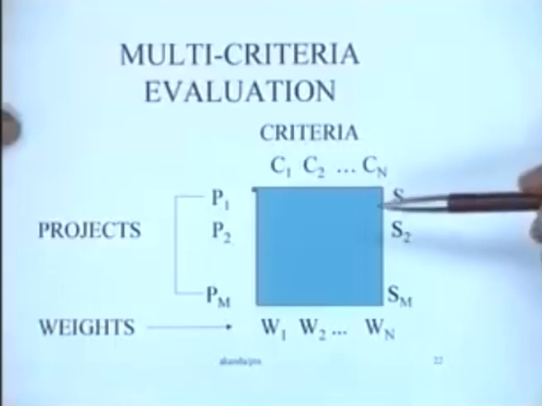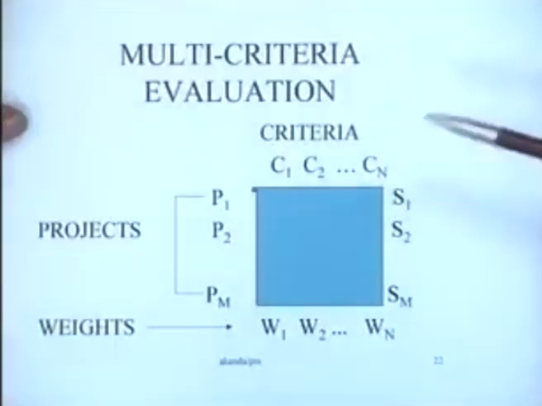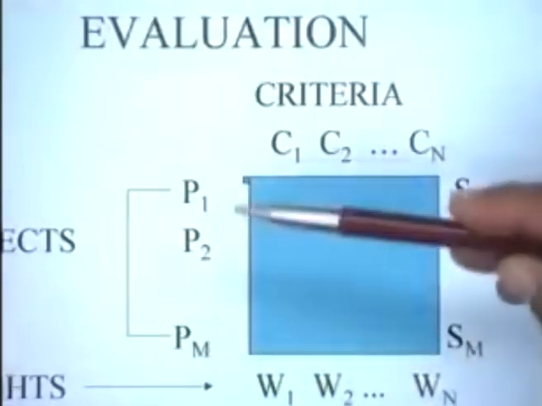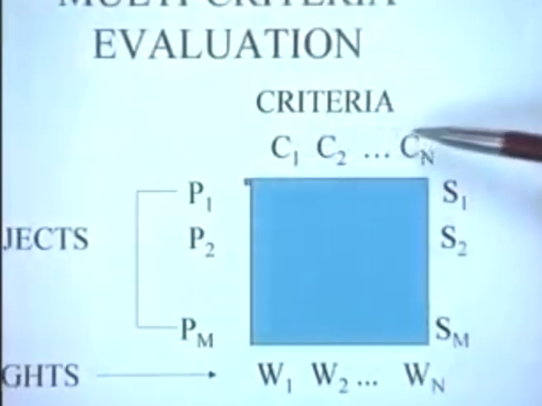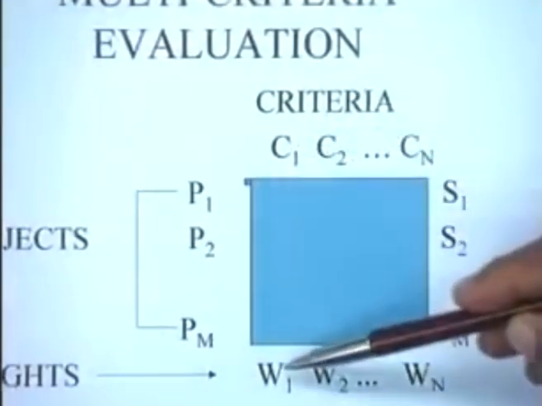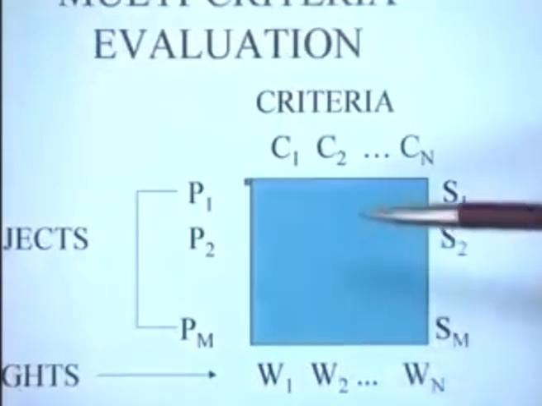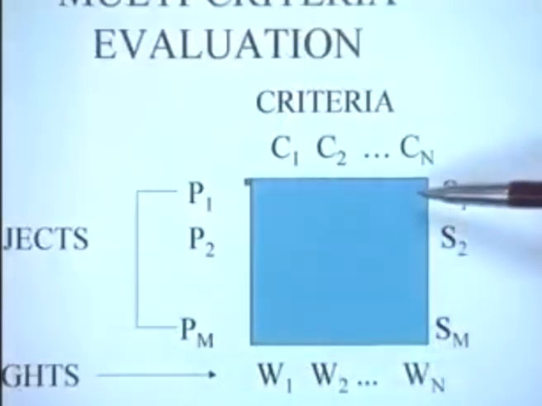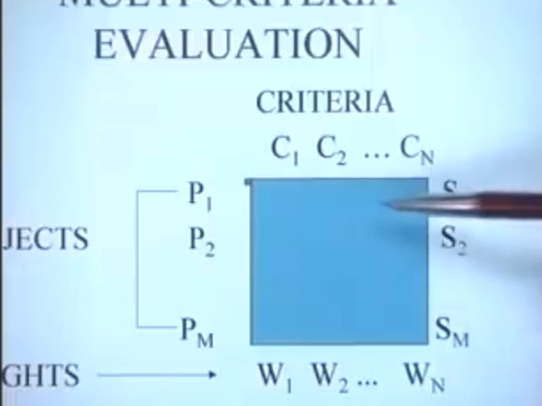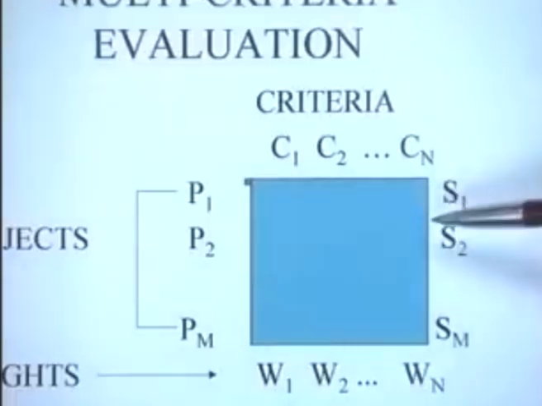A variety of means are available for doing this, but remember that this is very much like the process of assigning marks to students in a university. For instance, you are the candidates and each one of you undergoes various courses. These courses have certain weightages. Your performance in each of these courses is ultimately combined to give an overall score, and therefore we can rank the individual students in a university.